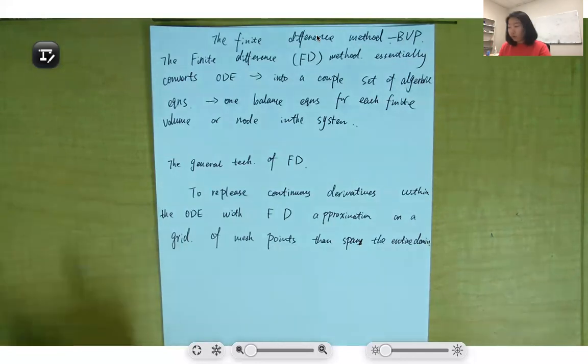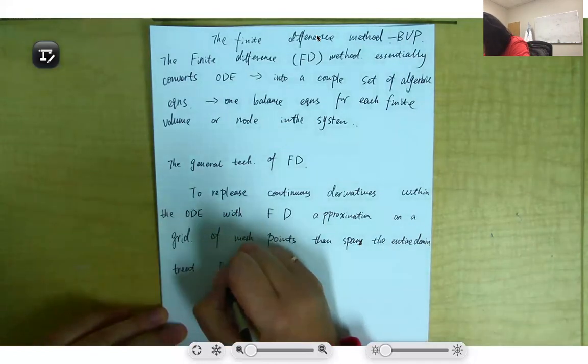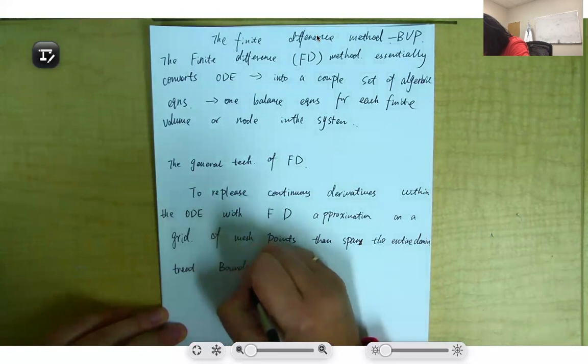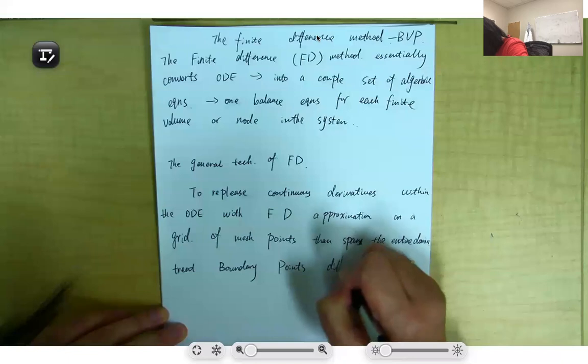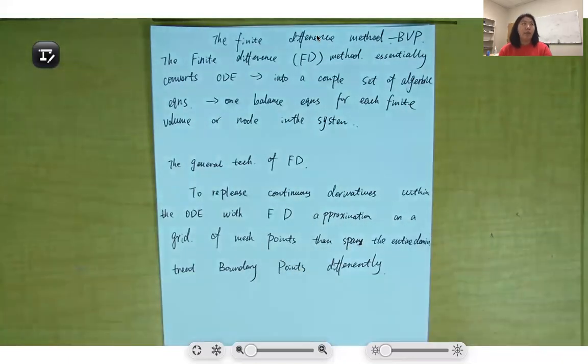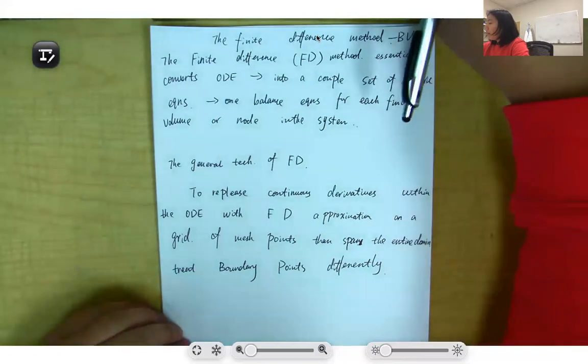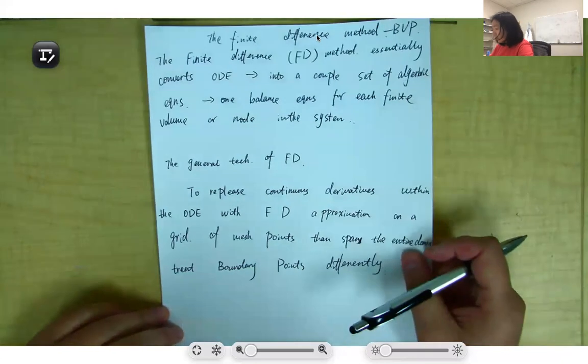And we will treat the boundary points differently. First we will introduce what kind of finite difference approximation we will use, then we will show how we can convert the ODE into the finite difference approximation.